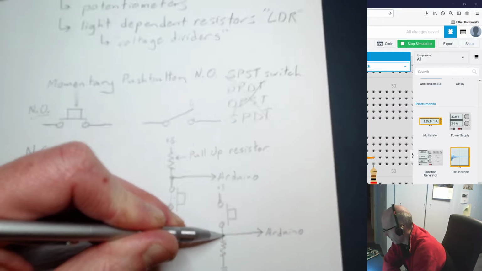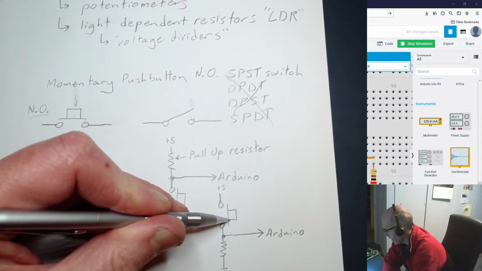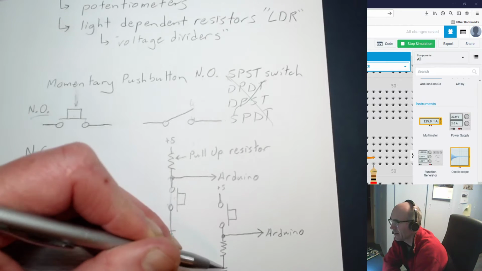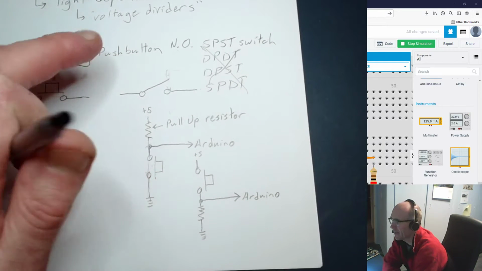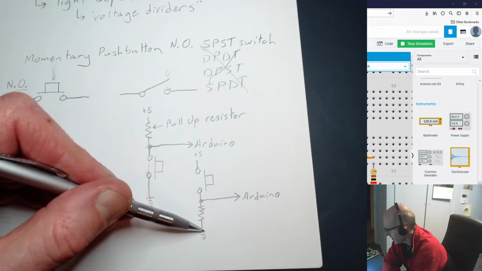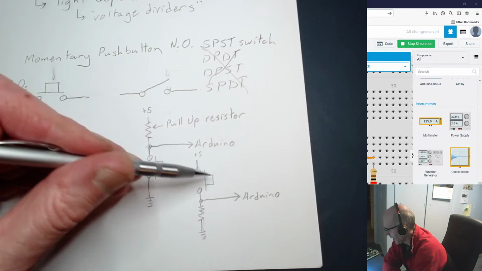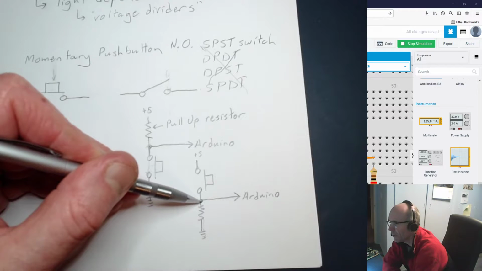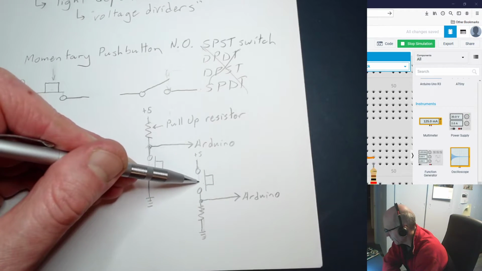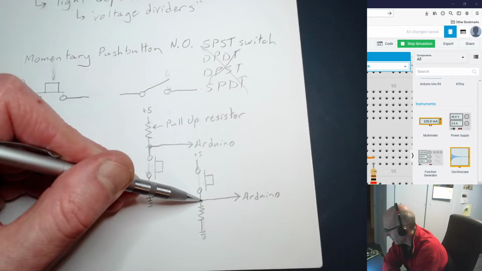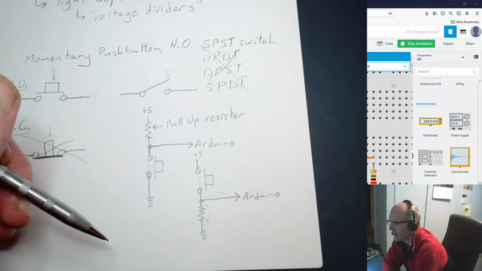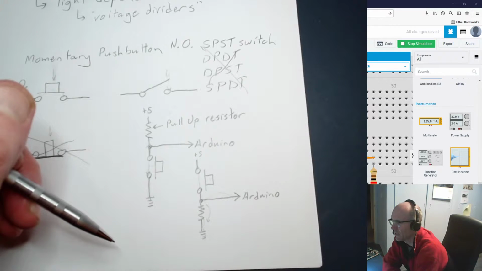So what this would do is that until the button gets pressed, the pull-down resistor takes care of any spare or weird or unexpected currents that might be induced into the wire, takes them right down to 0 volts, and this pin is pulled down to 0 until this button is pressed, at which point the +5 volts flows straight through here, and you've got a 5-volt drop across the resistor, and your Arduino sees the full 5 volts.